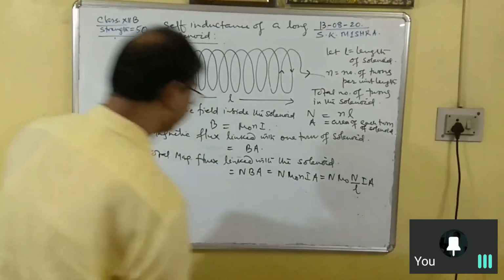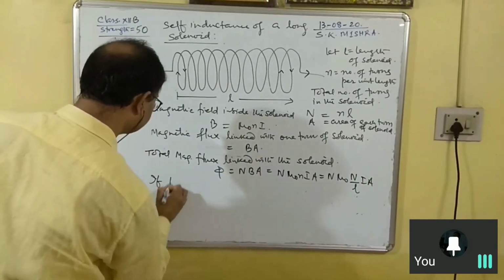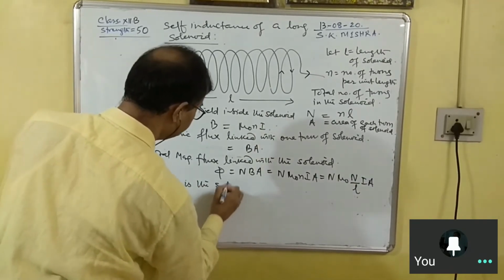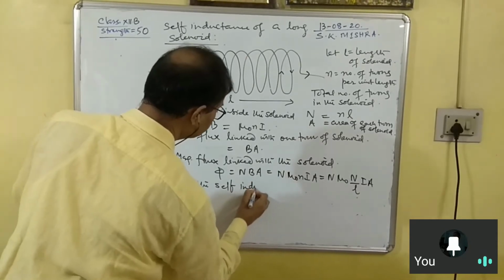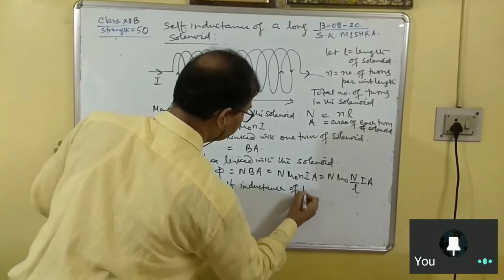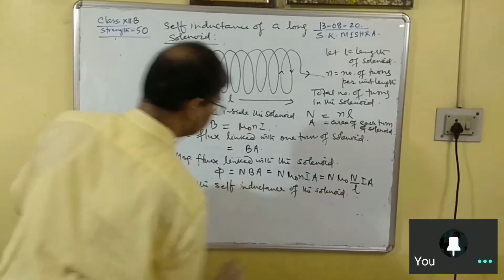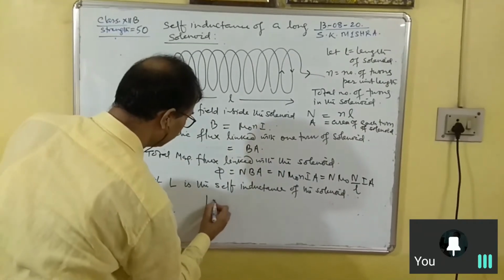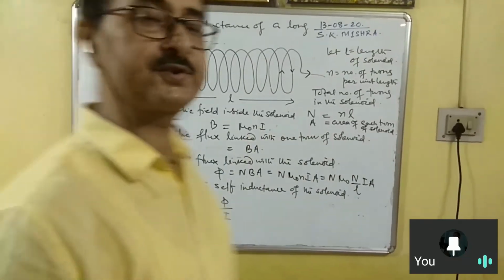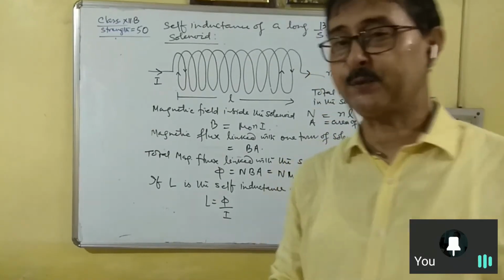Now, once you get the total flux phi, if L be the self inductance of the solenoid, then L is equal to phi divided by I, flux per unit current: flux linked with the solenoid divided by current flowing through it.